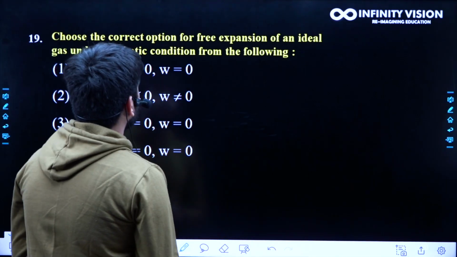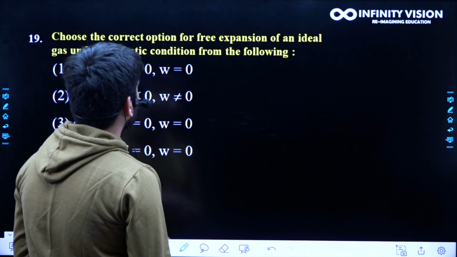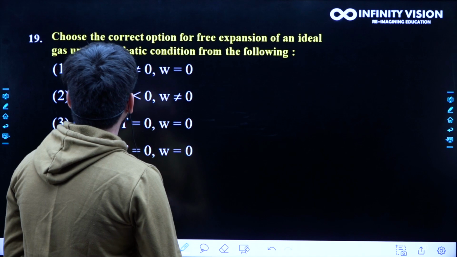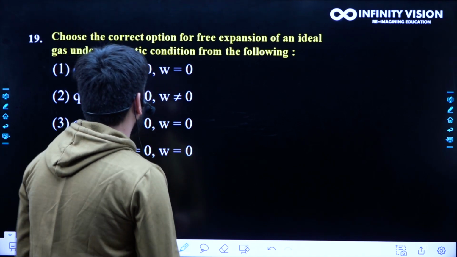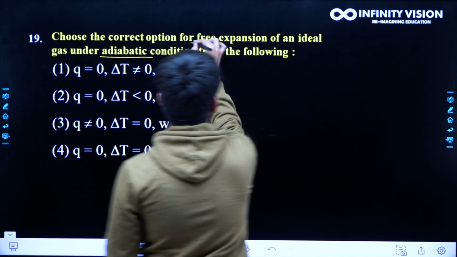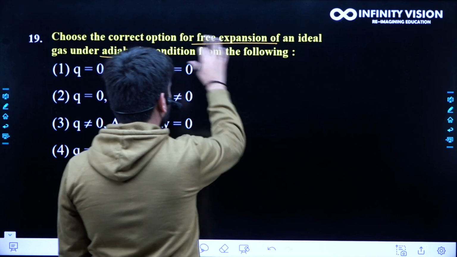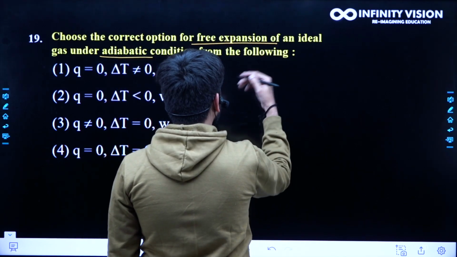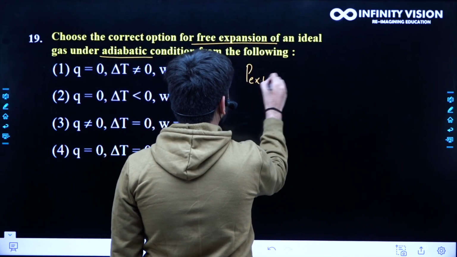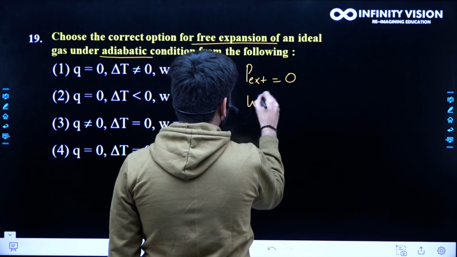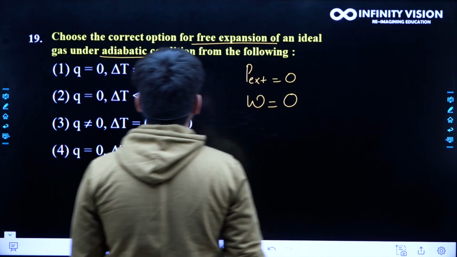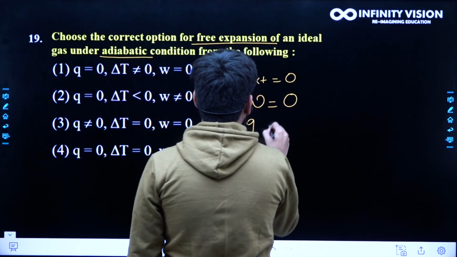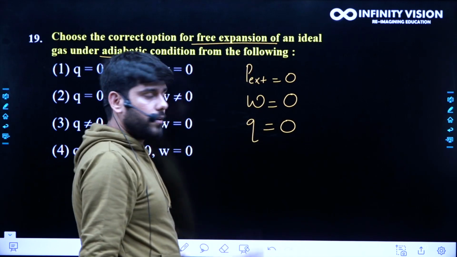Choose the correct option for free expansion of an ideal gas under adiabatic condition from the following. Under adiabatic condition and free expansion, just pick up these words. Free expansion means that P external is 0. If P external is 0, W is 0. Work done is 0, right? Adiabatic condition means no heat transfer, right?